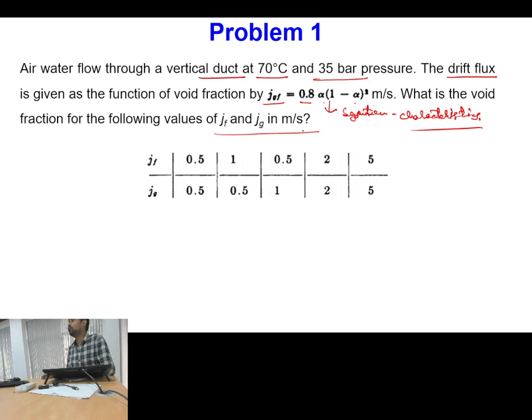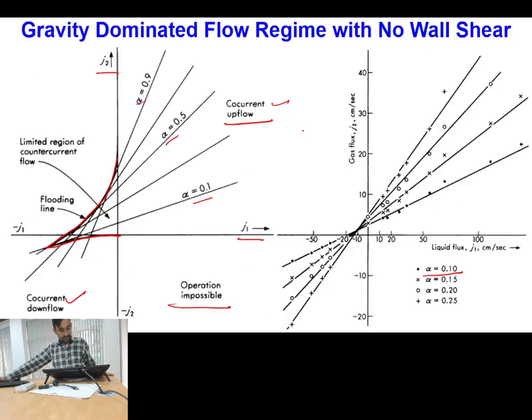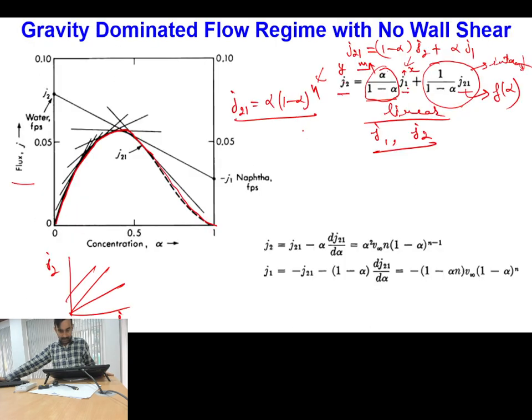So what we need to do? J2 is equal to something into J1 plus J21 as a function. Tell me what I can do. J2 equals alpha by (1 minus alpha) into J1 plus (1 minus alpha) into this.